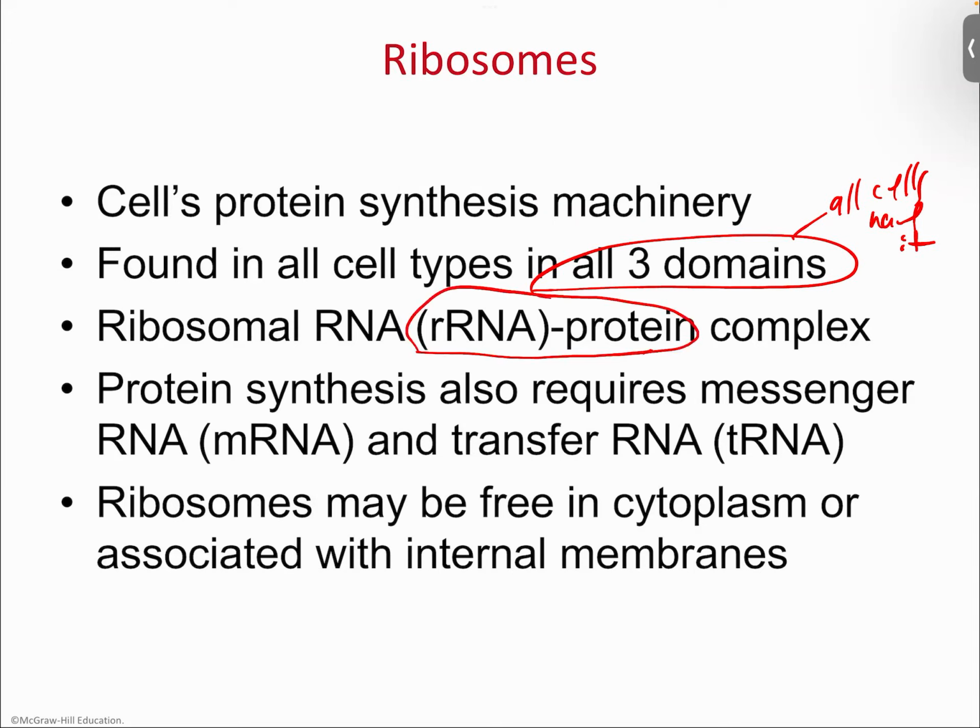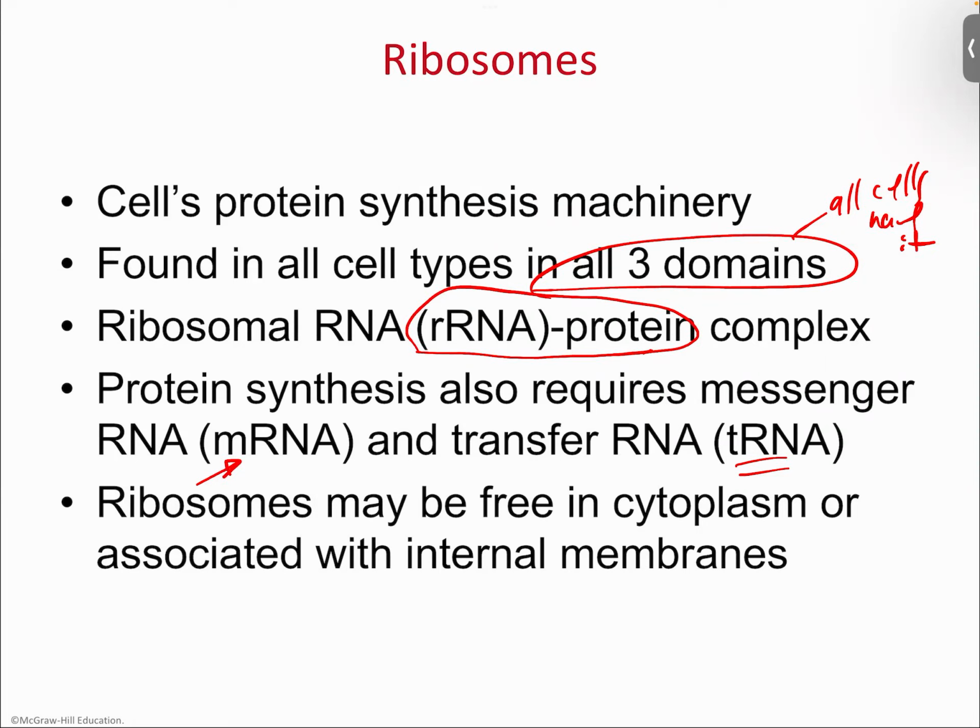And what it's going to do is take a special type of RNA, which is the copy of your protein, and turn that, along with the help of transfer RNA, into protein. We'll talk more about this in the last chapter that we cover this semester, the process of protein synthesis. And so the ribosomes in eukaryotes are kind of useful, right?